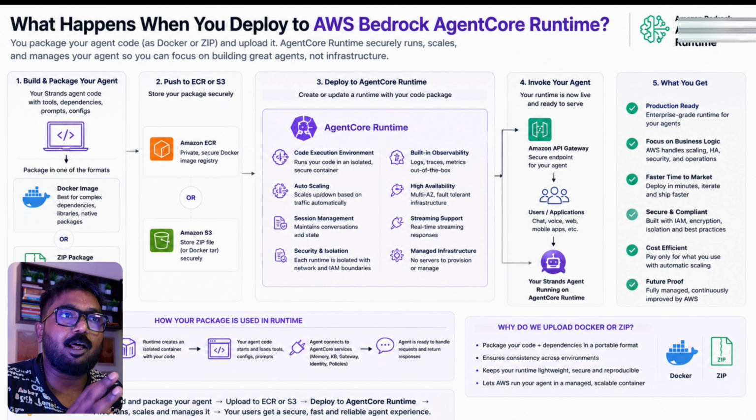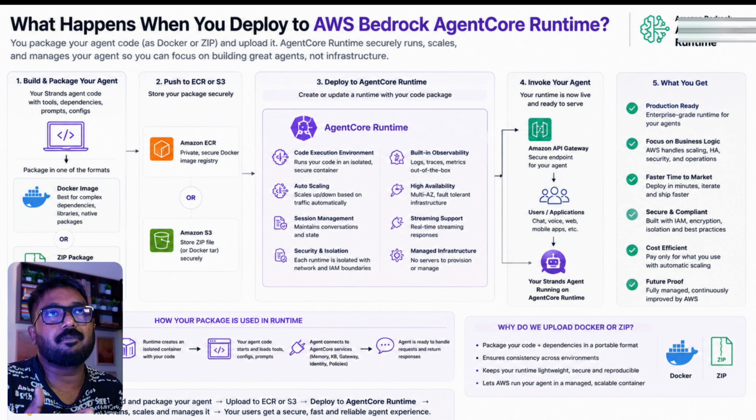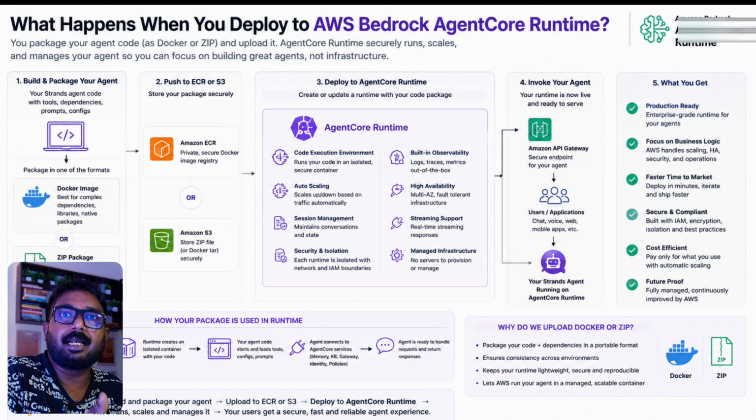So this is how AWS is trying to make enterprise-level infrastructure for AI agents. That is not available otherwise. Even if you write it in LangGraph or LangChain, you have to have a server where your LangChain will run, correct? That's where AWS has pitched AgentCore Runtime. There is built-in observability.